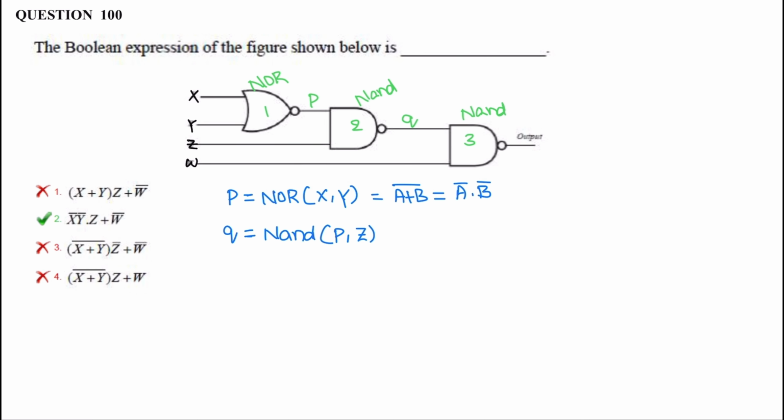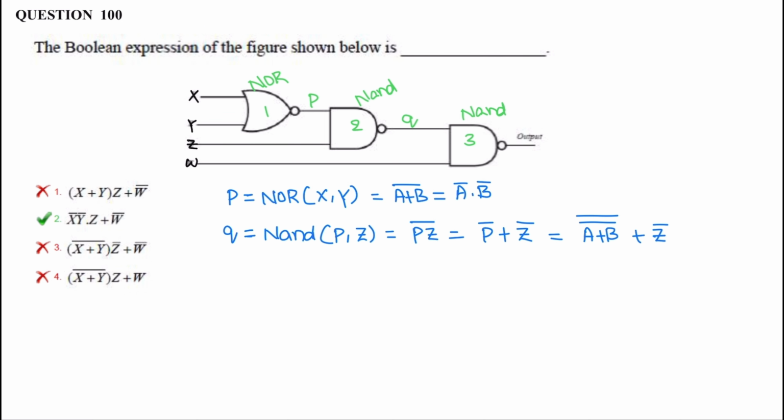Q is NAND of p comma z, that is (pz) whole bar, p bar plus z bar. So p is (a plus b) whole bar, p bar is (a plus b) whole bar, plus z bar.